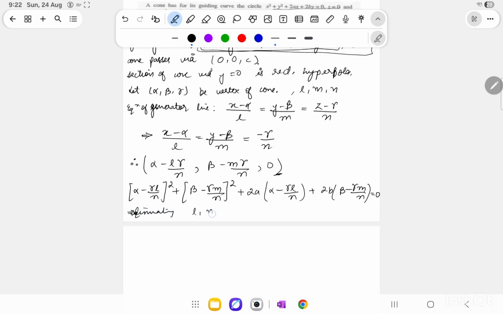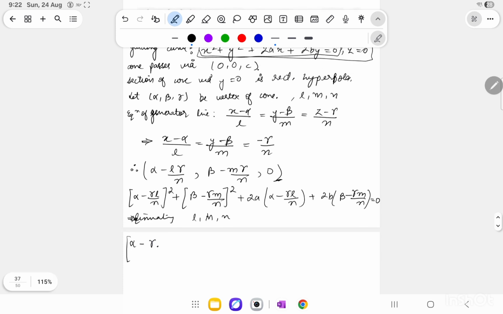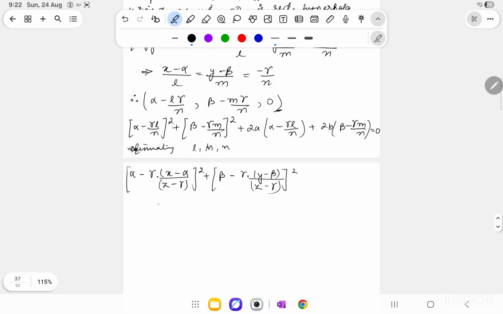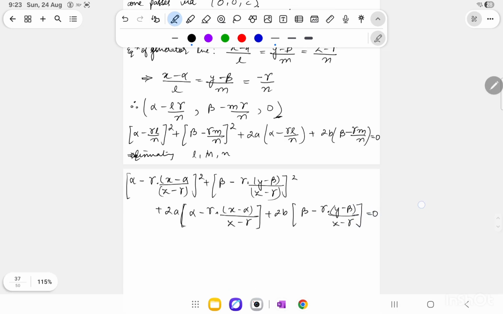Eliminating L, M and N, what we'll get is (alpha minus gamma into L by N), where L by N will be (x minus alpha) upon (z minus gamma), whole square, plus (beta minus gamma into M by N), where M by N will be (y minus beta) upon (z minus gamma), whole square, plus 2a (alpha minus gamma into L by N), which is (x minus alpha) upon (z minus gamma), plus 2b into (beta minus gamma into (y minus beta) upon (z minus gamma)) equals 0.